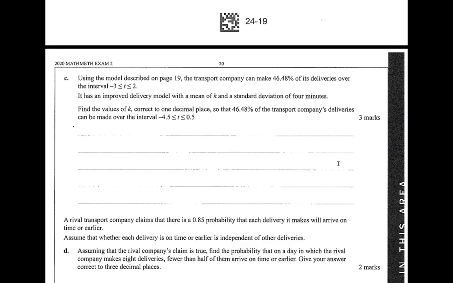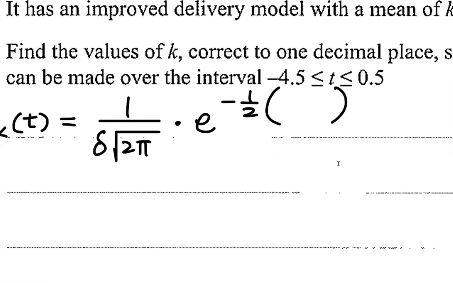So the new probability density function, let's say fk of t, will be 1 over sigma square root of 2 pi times e to the power of -1/2 bracket, probably I need to zoom in a little bit, squared. This bit should be sigma.